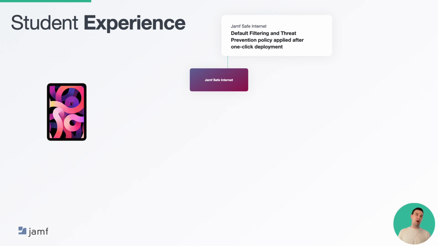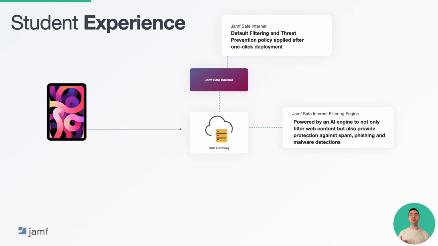Here's a flowchart of how a request from a student's device is managed by Safe Internet. When a request is made, it's sent securely to the DoH gateway, where it will check with Safe Internet if that request is permitted. Safe Internet is not only filtering web content, but also protecting against spam, phishing, and malware detections.